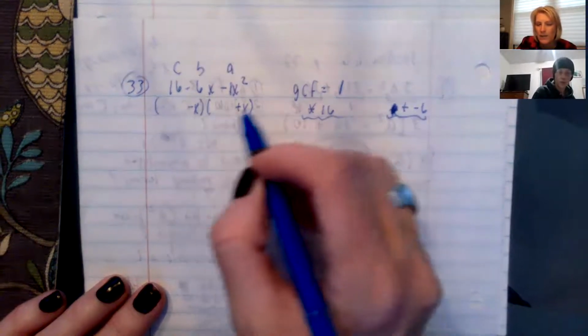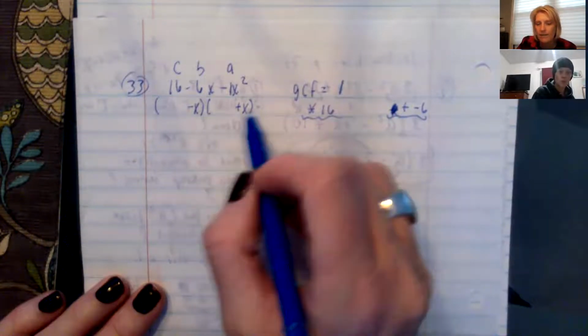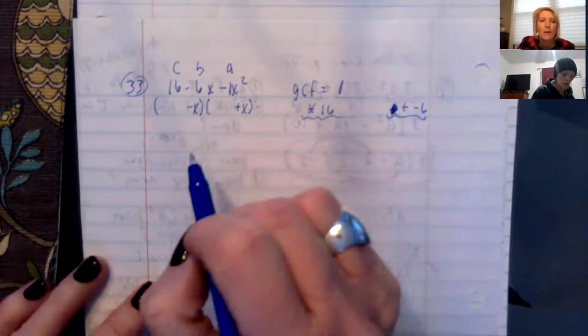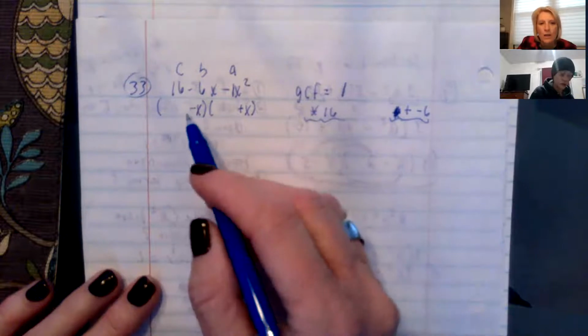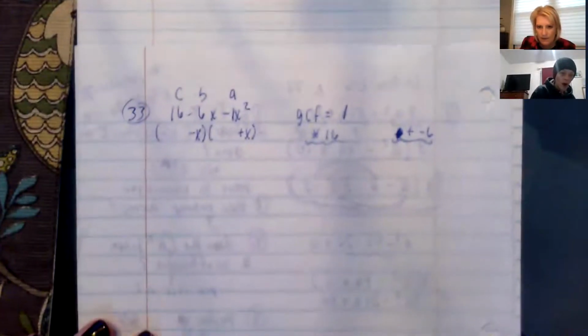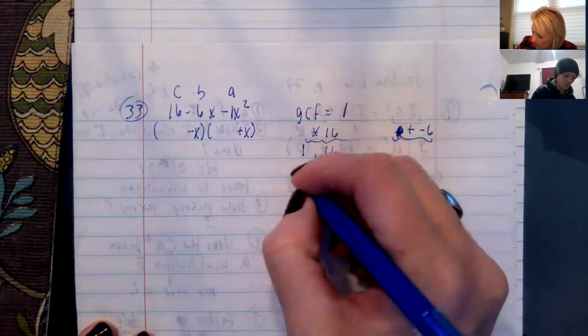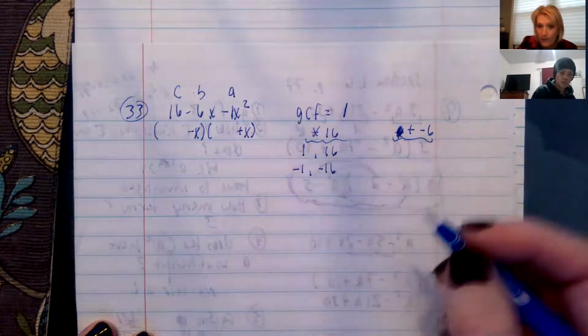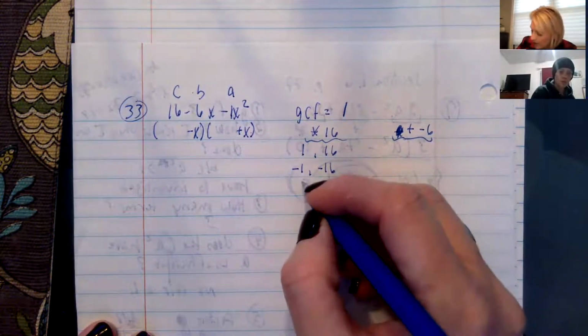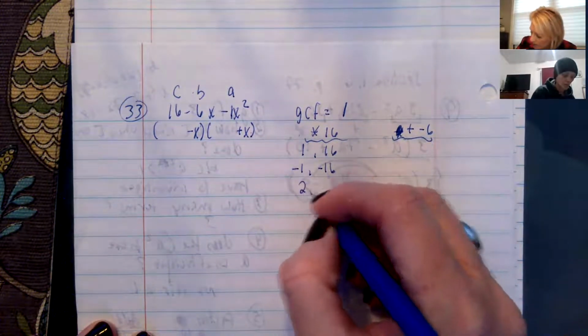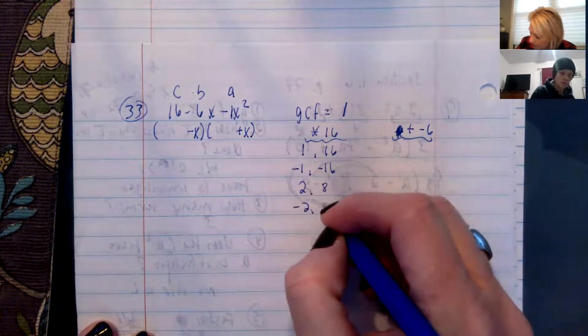So when we multiply, we just have to check because that's going to make things maybe flip-flop. So let's just write out all of our factors of 16. So we have 1 and 16, and they could be both positive or both negative, right? 2 and 8, -2, -8.